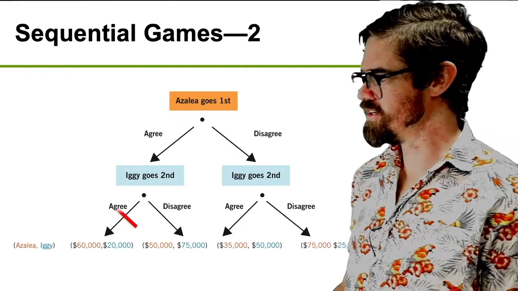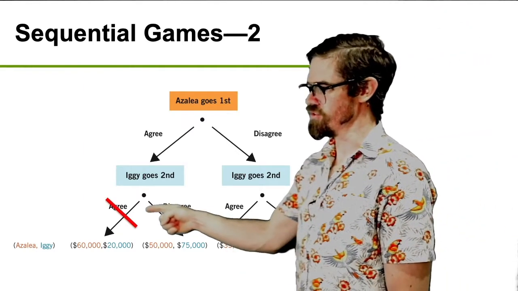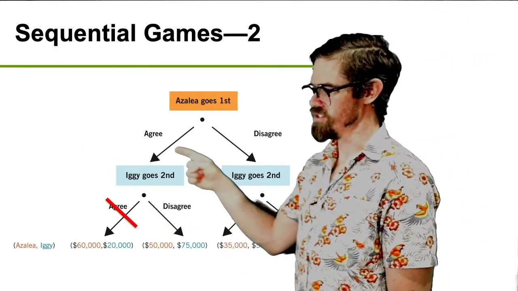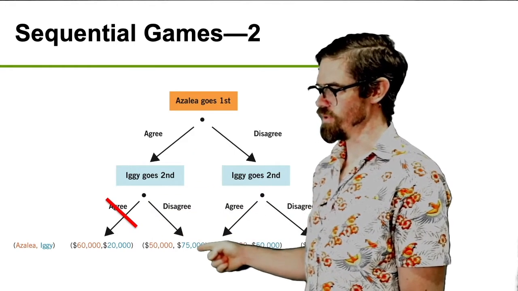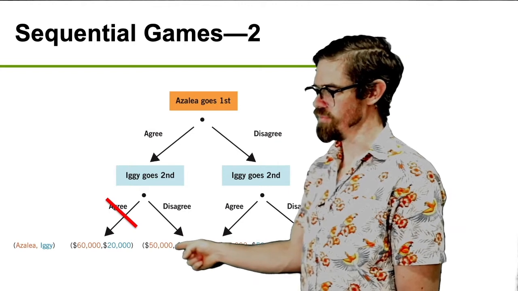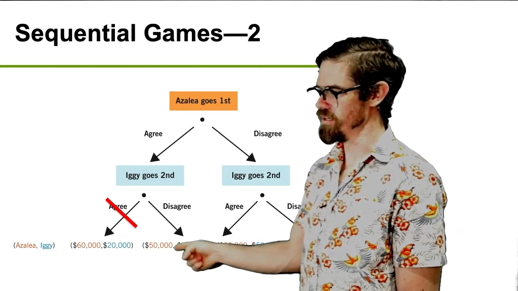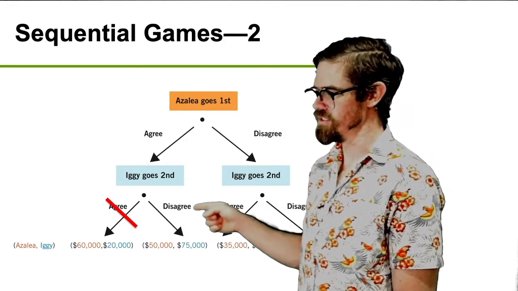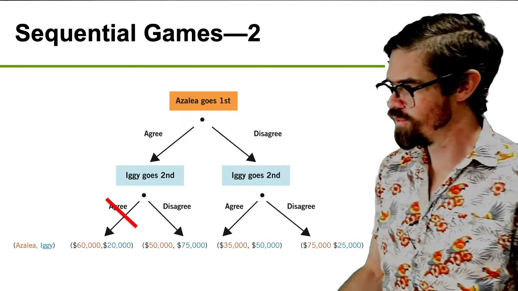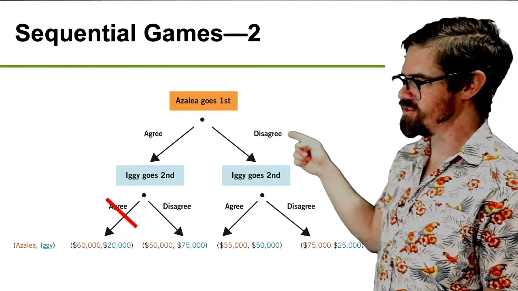So she knows that Iggy would not choose to agree on this branch of the game tree. So that's where she would end up. If she chose to agree, she would end up with $50,000 because she knows Iggy would not agree, he would disagree.